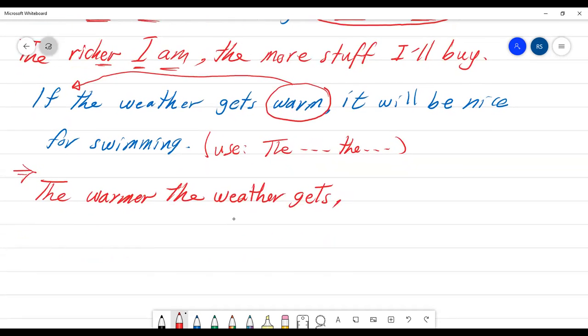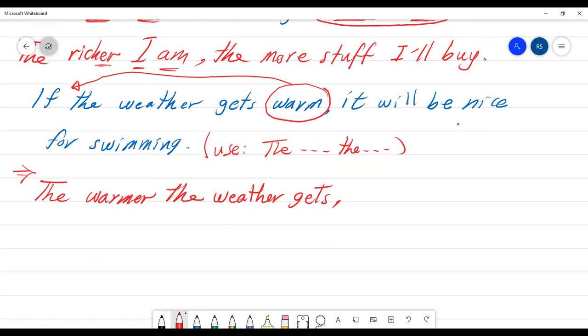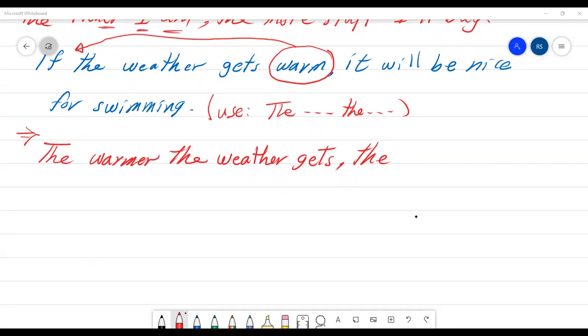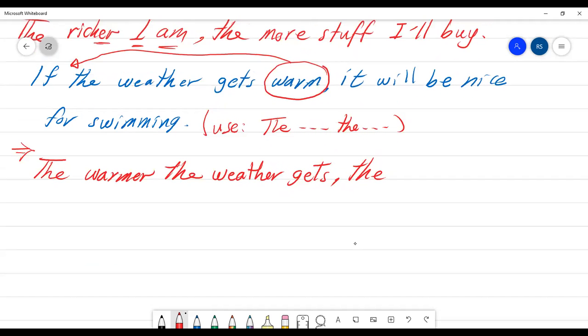The warmer the weather gets, it will be nice for swimming. So the... nicer or better? Yes, the nicer, great. The nicer here, we use nice in a comparative form before it. The nicer, and complete, it will be or is.